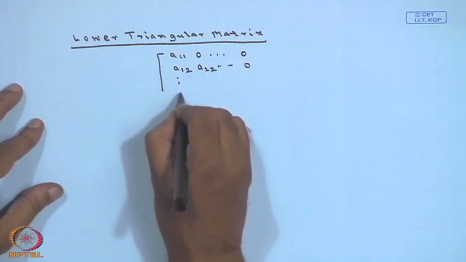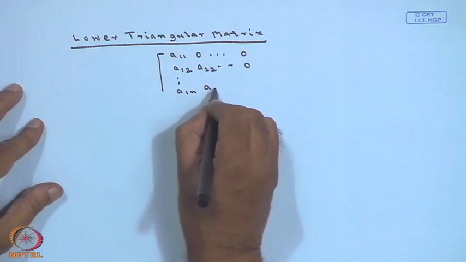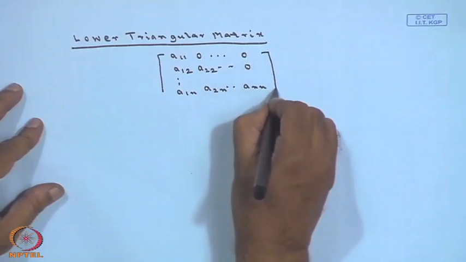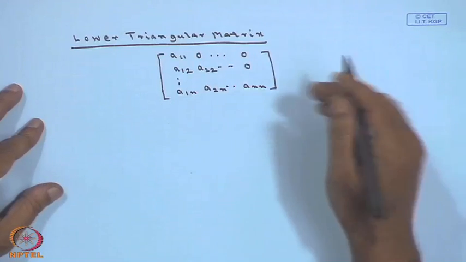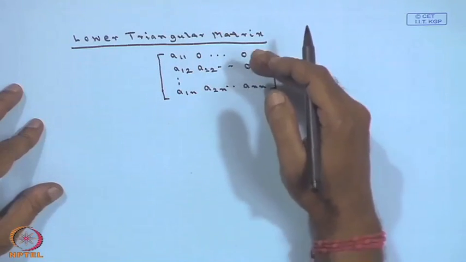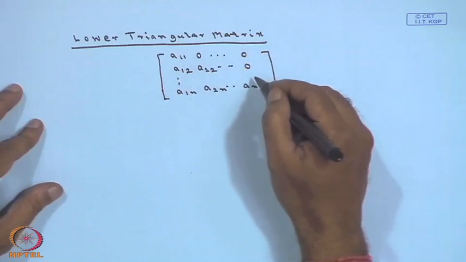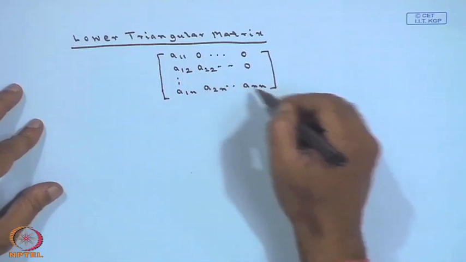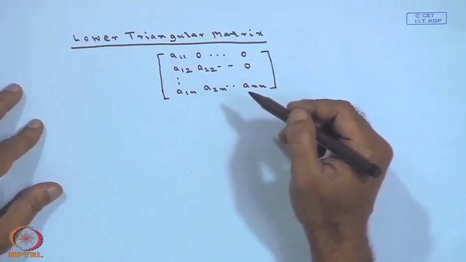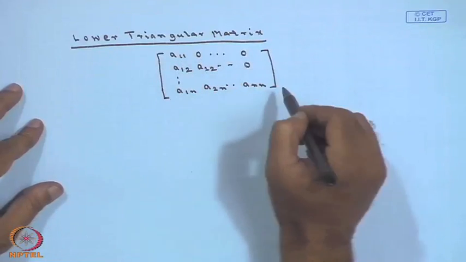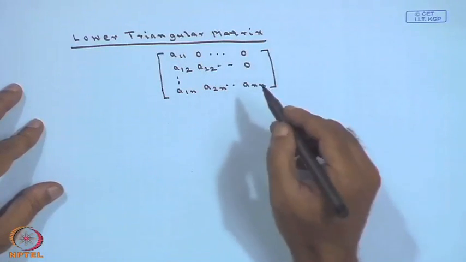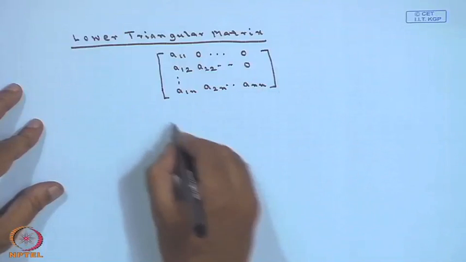If you see this, all the elements above the diagonal elements are 0 and all the elements below the diagonal elements are non-zero. So, this kind of matrices we call lower triangular matrices.